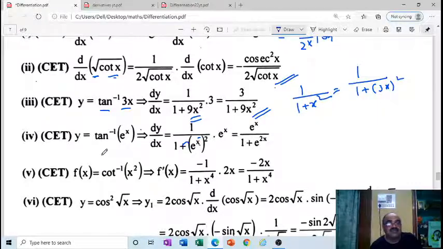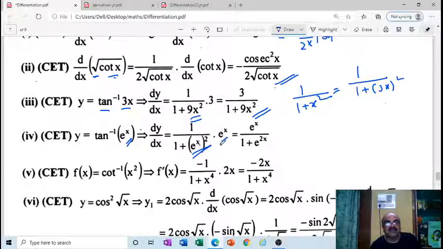Differentiation of tan inverse of e power x. Same way here, 1 by 1 plus x square, which is 1 by 1 plus e power x the whole square, into differentiation of e power x.